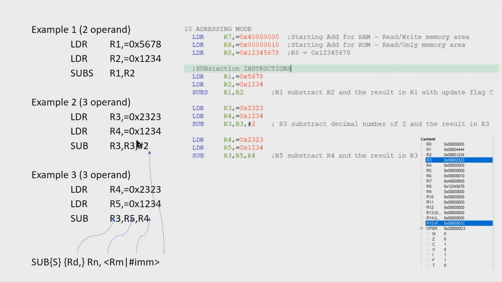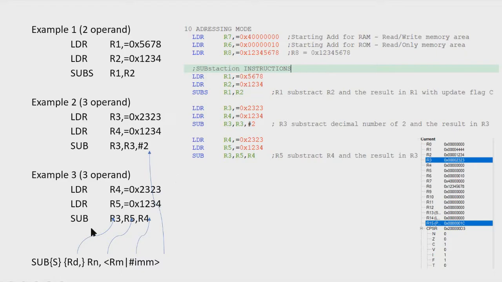It is the same as example 1, but the difference here is that we SUB with an immediate number. So we load R3 with 2323, we load R4 with 1234, and then we SUB R3 minus the immediate 2.